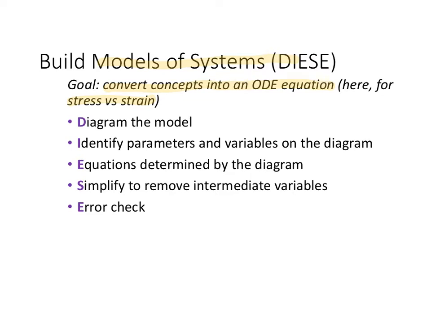The steps are D for diagram the model, I for identify parameters and variables on the diagram, E for equations determined by the diagram, S for simplifying those equations to remove intermediate variables, and E for error check.